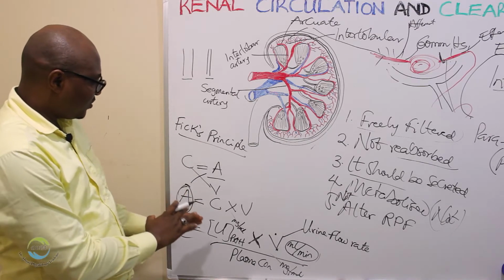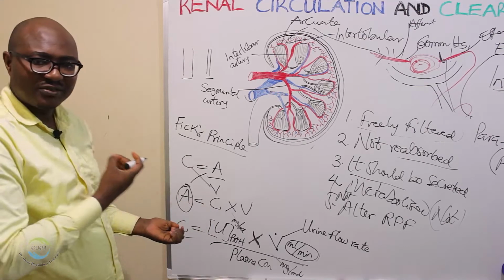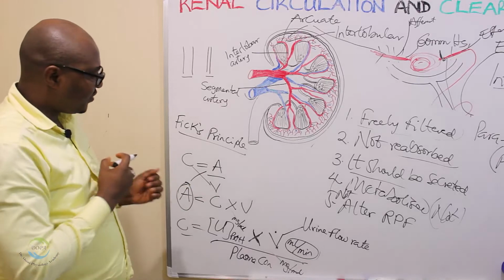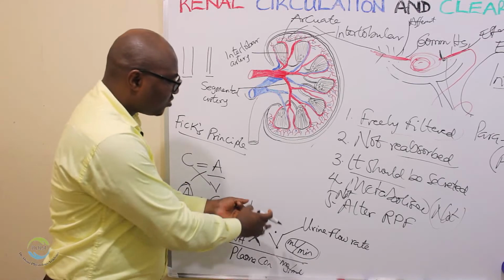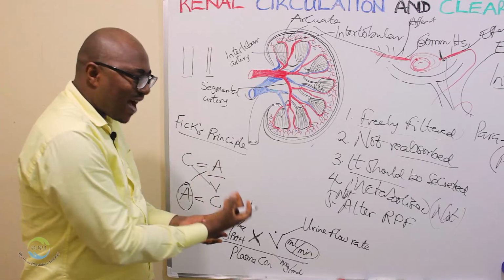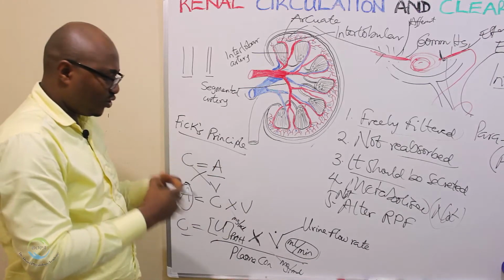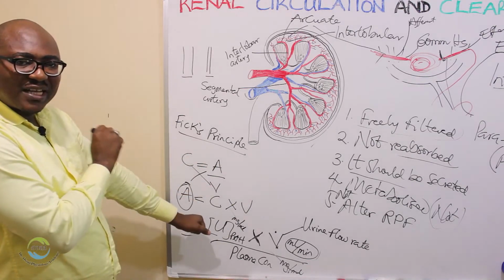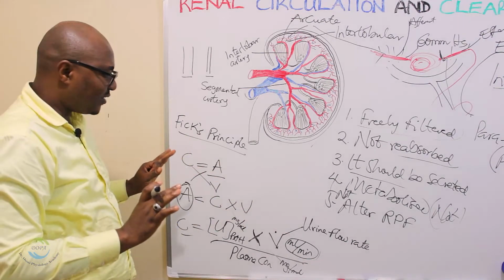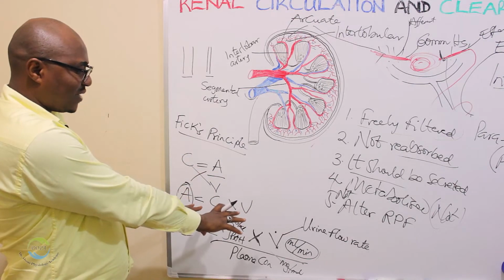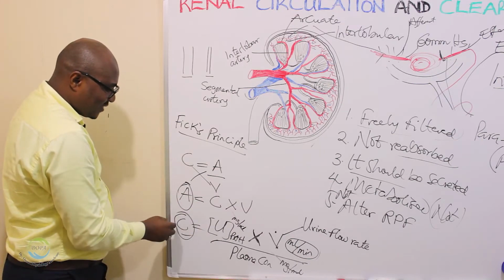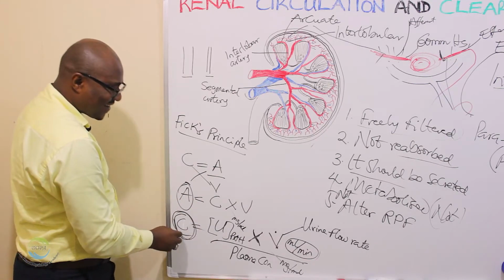So when we use this, we measure the urine concentration of PAH, para-aminohippuric acid. We measure the urine flow rate, how much urine is produced per minute. We keep it there. Then we go and measure the plasma from any peripheral vein. Then when we do that, we use this equation, and whatever we get, we get the clearance of PAH.